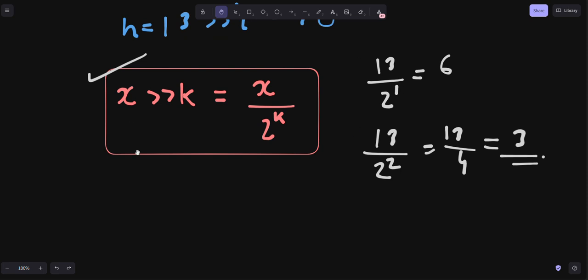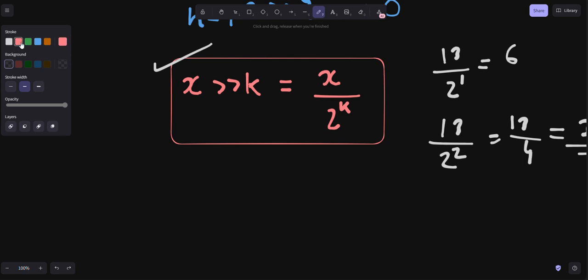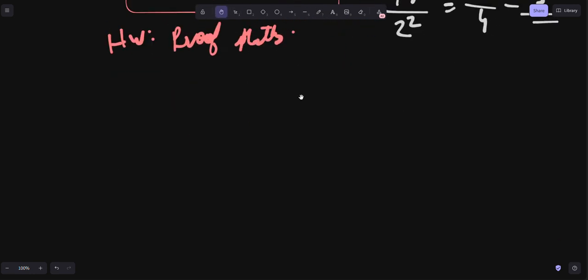You can just search for this proof. I can give you that as your homework: your homework will be to mathematically prove this, because it's just out of scope right now.